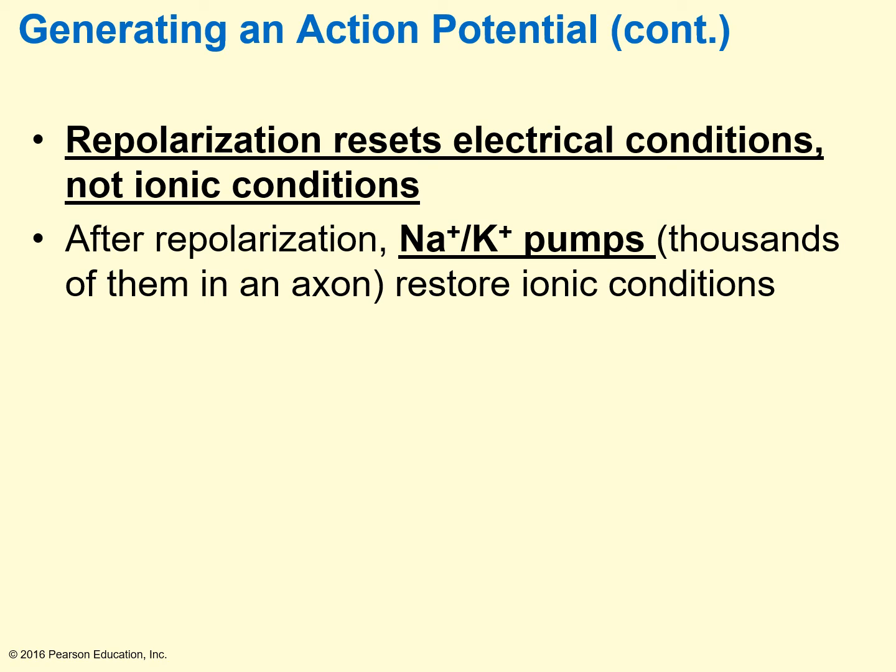So as I said, that repolarization is trying to restore the electrical conditions, but it does not restore the ionic conditions. So it's trying to get the charge more negative, but we need the sodium-potassium pump to restore the proper conditions. You don't want equilibrium of the sodium and potassium, but you want sodium higher outside the cell and potassium higher inside the cell.